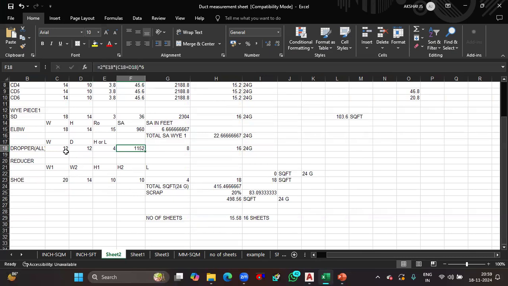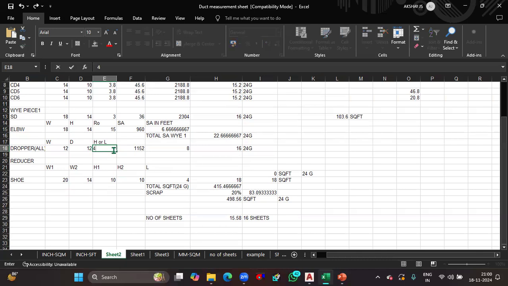Because it's also a rectangular duct itself, isn't it? So 2 into length, that means 4 inches. Beg your pardon, it's 4 inches directly. So 4 inches divided by, how much is that? Sorry, into 12.